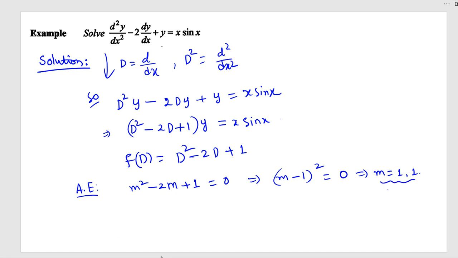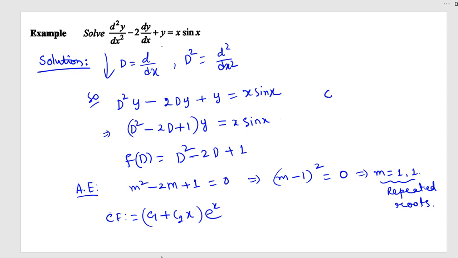These are repeated real roots. So the complementary function is given by CF equals (C1 plus C2 x) e to the power minus x.